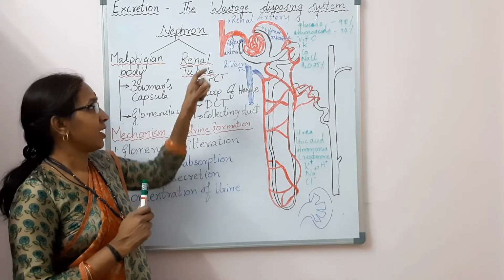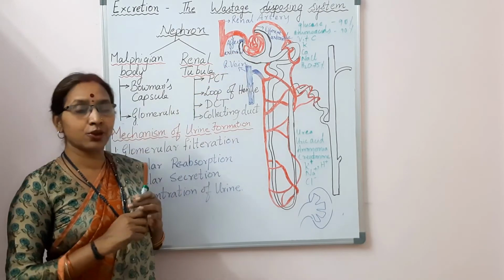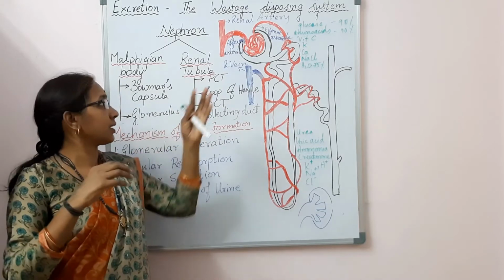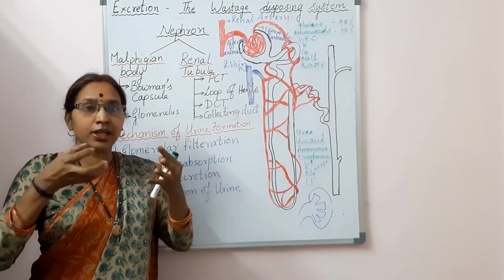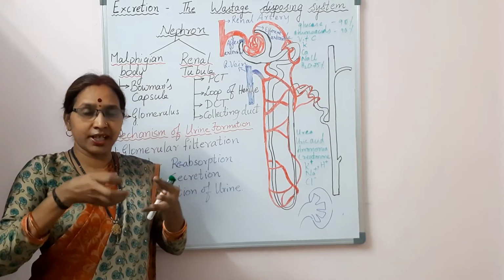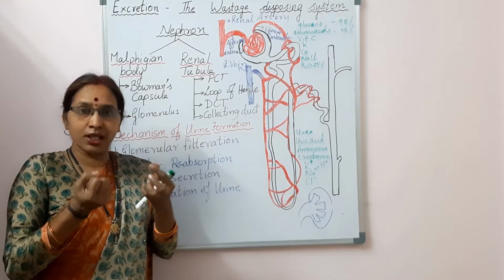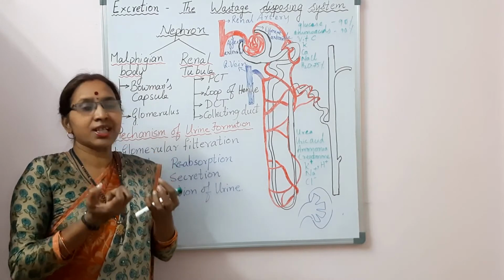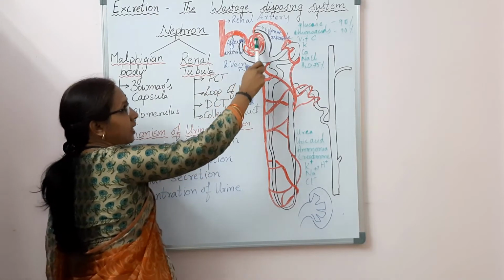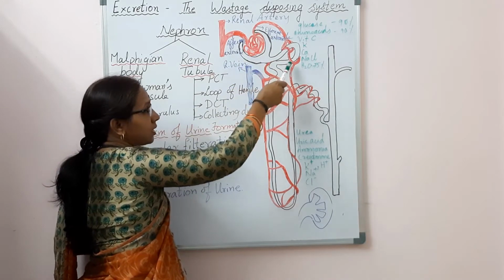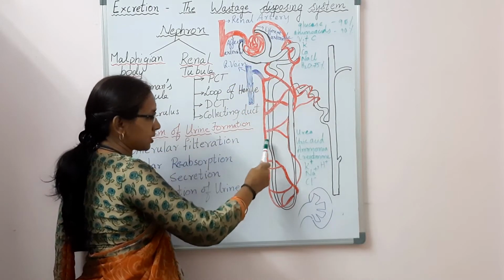So that is why once it enters into the glomerulus, the diameter of the capillaries reduces in order to increase the pressure, and this creates a force inside, due to which the waste is squeezed out from the blood.